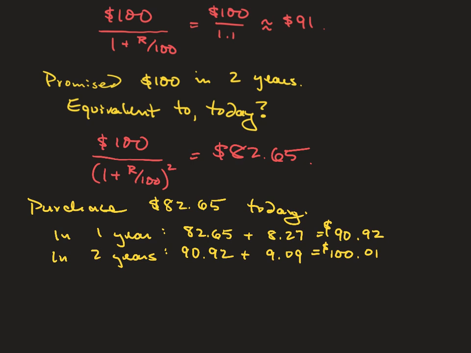So there's a little bit of rounding in how much I borrowed in the first case, this 82.65. So the rounding led to this 1 penny difference, but I hope you get the idea. If I'm promised $100 in 2 years, I can spend $82.65 today.